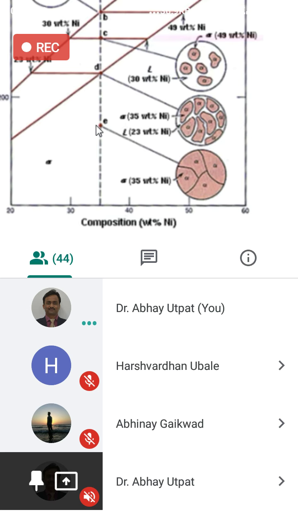Dash, 95% solid and 5% liquid. And last point, E, in bracket, below solidus line. 100% solid.